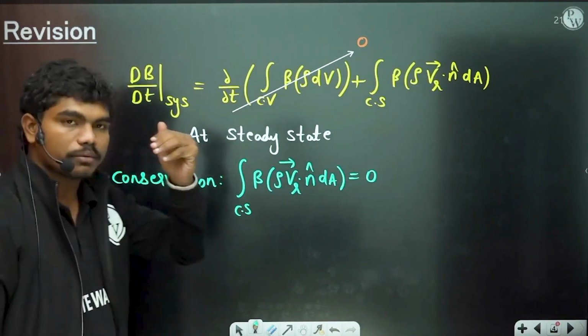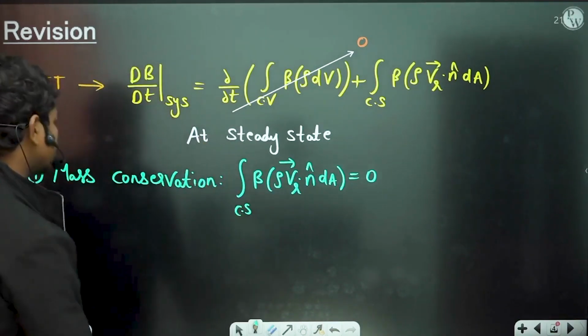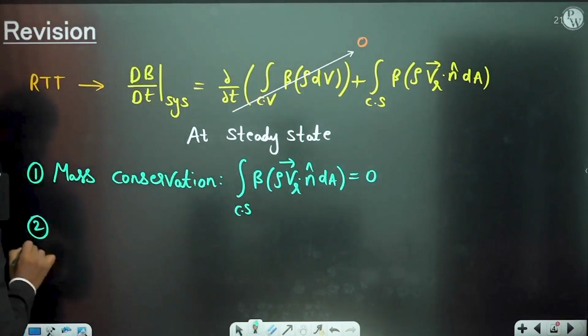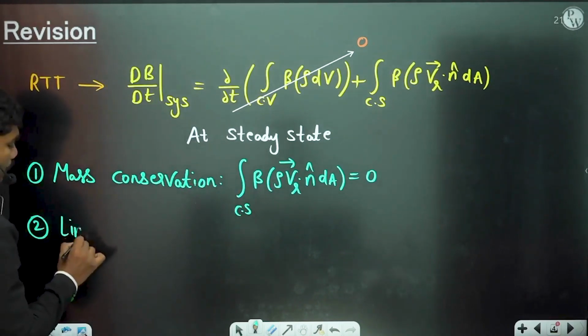So when you are talking about a system, there is no change in the mass, so this is 0. Second, we talked about the linear momentum equation.